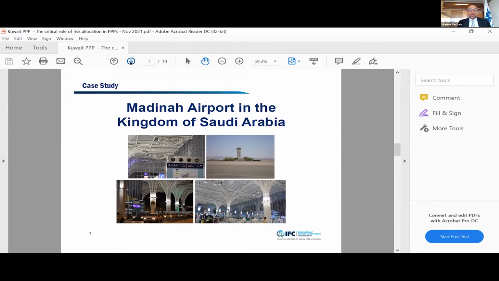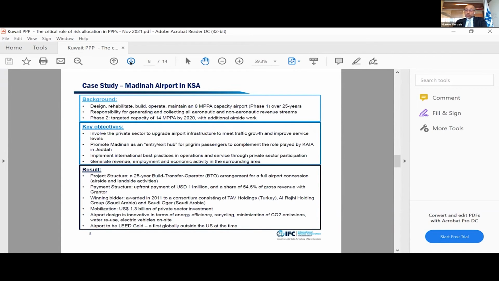So let's go through a little bit of what it was. The government of Saudi Arabia was looking to expand the existing airport. It was a very small airport, processing pilgrims essentially, but it was constrained by capacity. So the first phase of the project was to build an 8 million passenger terminal, with a targeted capacity in phase 2, depending on the traffic growth, of up to 14 million.